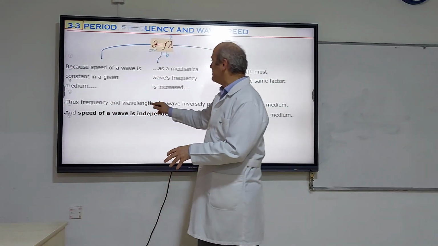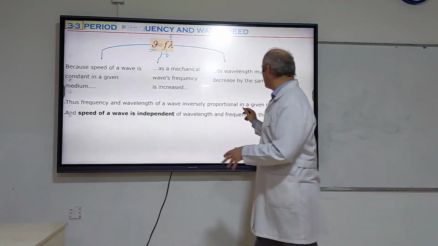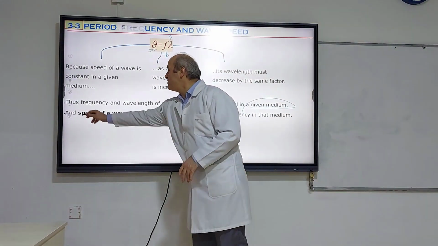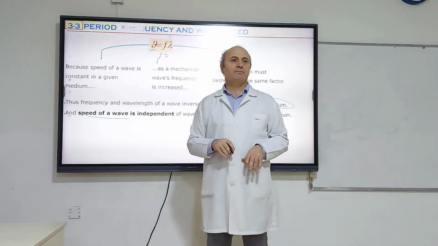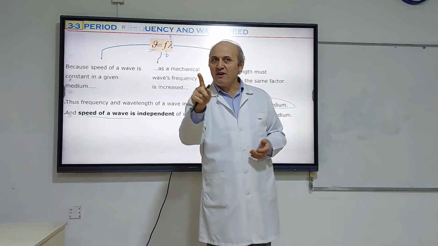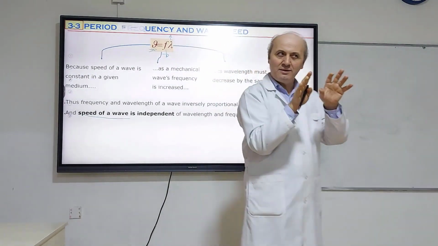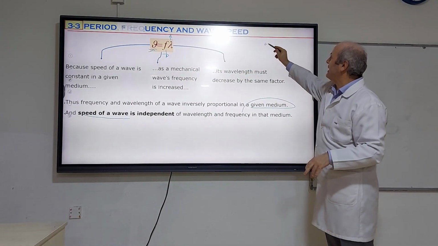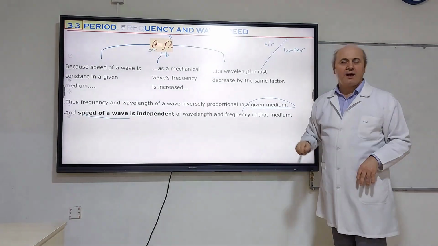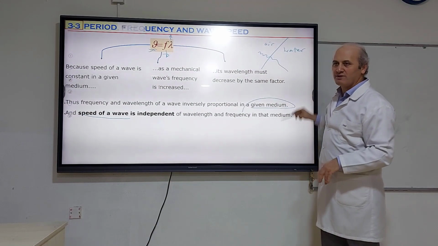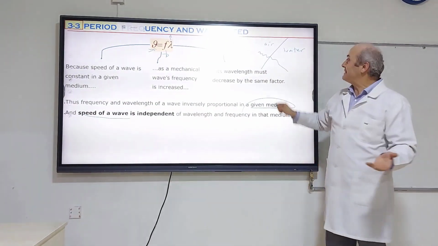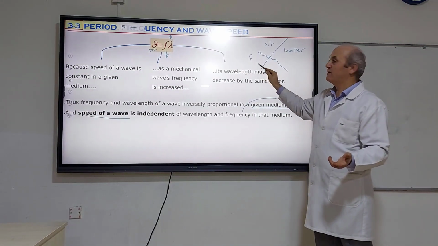So frequency and wavelength of a wave are inversely proportional in a given medium. Speed of a wave is independent of that. What is it dependent on? Consider a wave traveling from one medium to another, for example, from air to water. As the wave travels from air to water, what happens? The speed changes, but frequency? Same f.